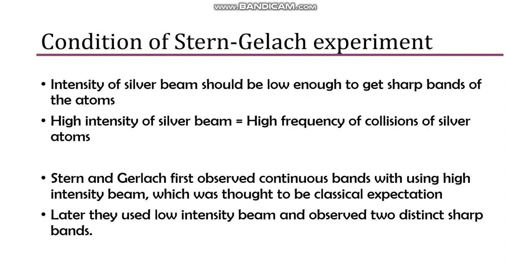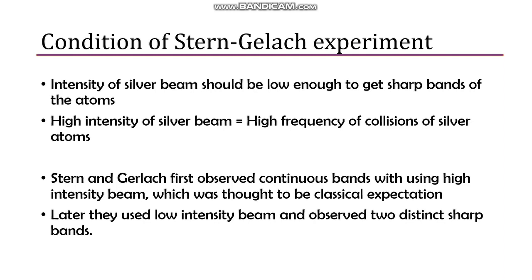However, this experiment needs a specific condition about the intensity of the silver beam. If the intensity of the silver beam is too high, then the frequency of collisions of atoms would also be high, and thereby the bands would be blurred. Even Stern and Gerlach first observed the continuous band, which was thought to be the classical expectation, but later they realized that the intensity of the silver beam was the problem.